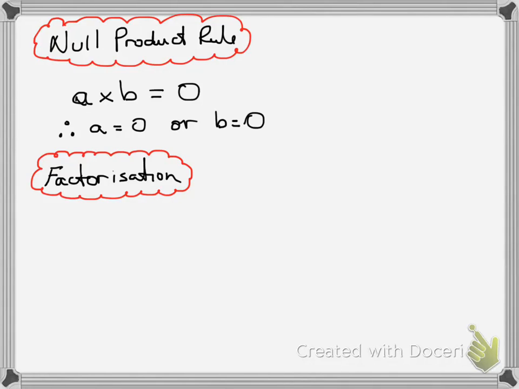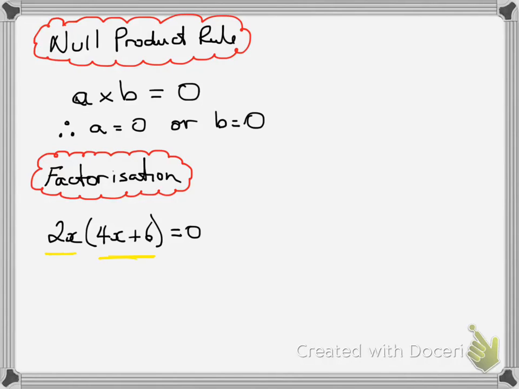But if I started off with 2x outside of brackets 4x plus 6, and that equals 0, essentially what we have is one number multiplying by another number, which once again straight away refers to the null product rule.